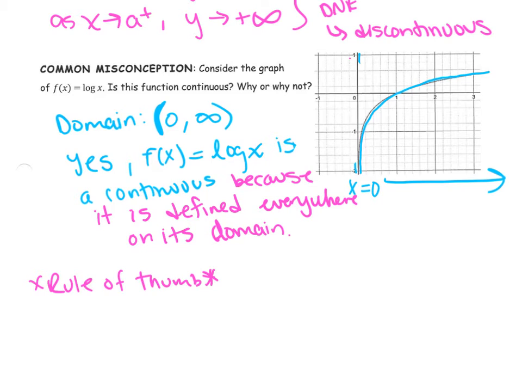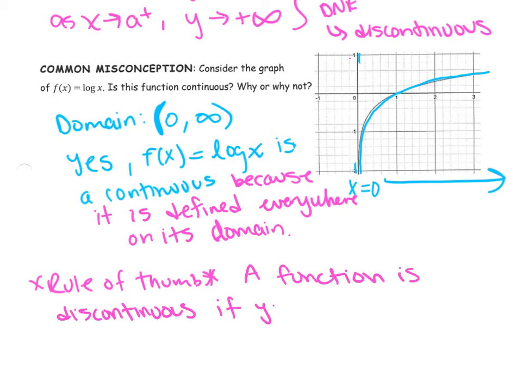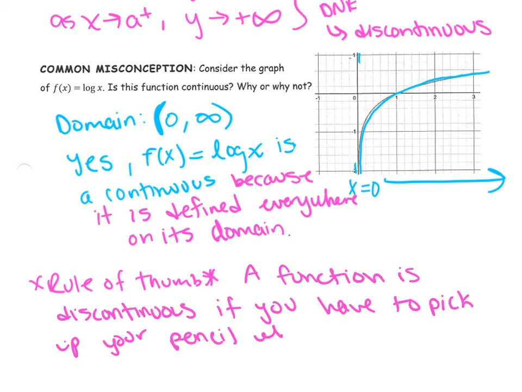So just a little rule of thumb for you guys to think about in terms of discontinuity. Okay, this is not by any means your proper explanation, but a function is discontinuous if you have to pick up your pencil when graphing.